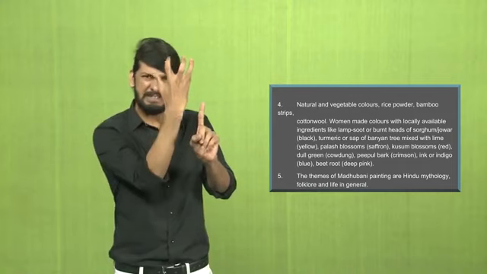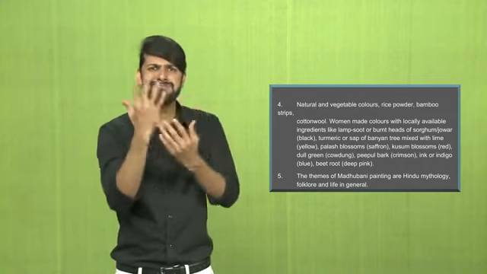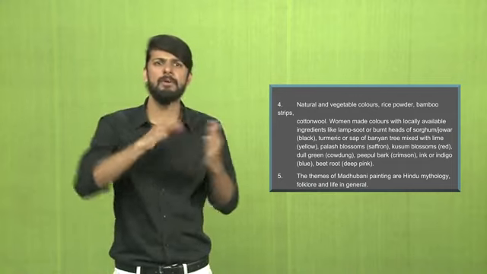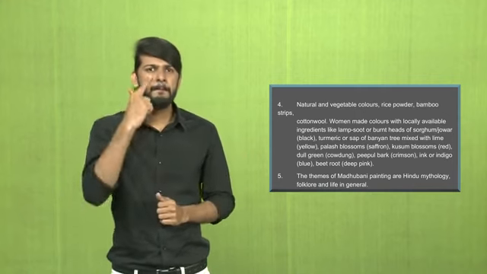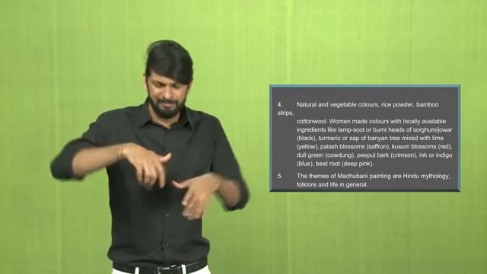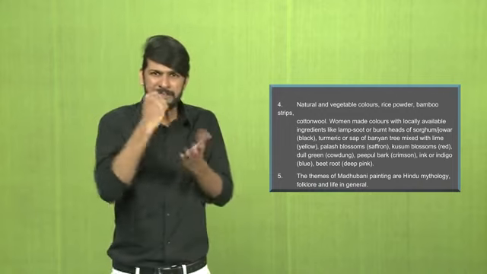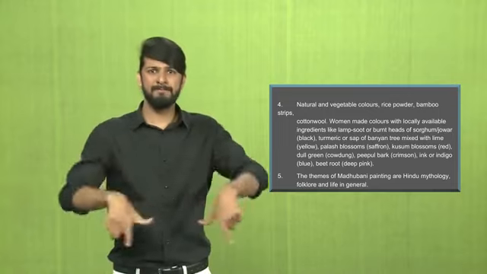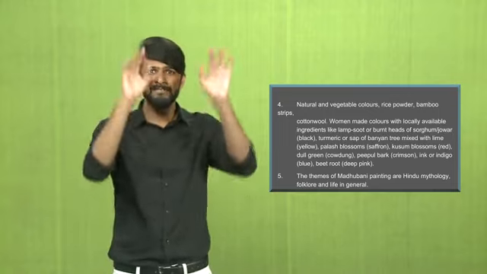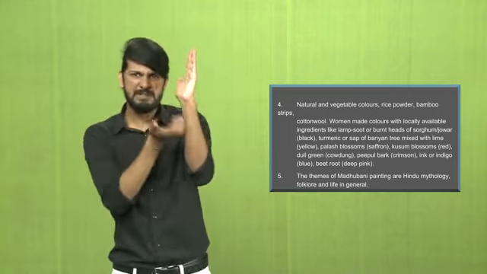These two items are used to obtain the color black. For yellow, they would use turmeric or the sap of banyan tree mixed with lime.